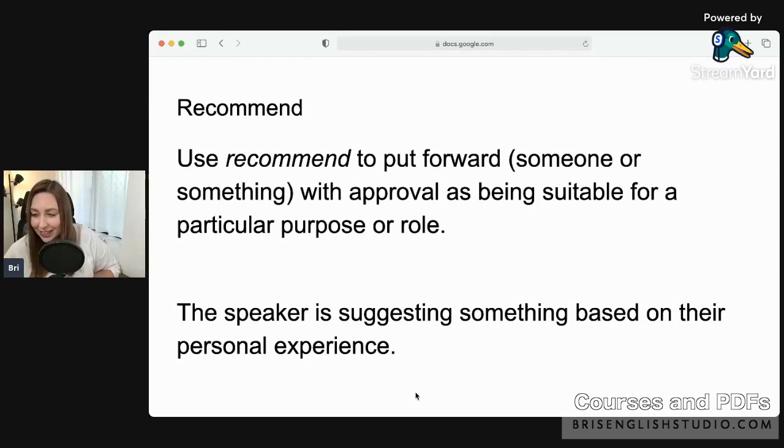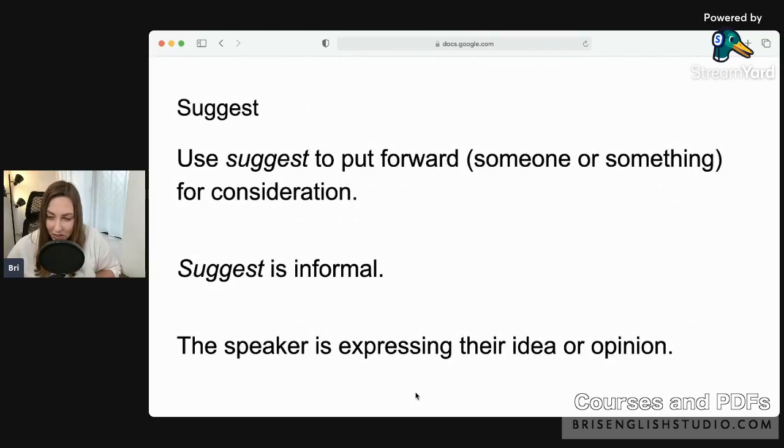Very good. Okay, so the next word is suggest. We use suggest to put forward someone or something for consideration. So again, like recommend, we're putting forth something that we think is good. So please consider my idea or my opinion.